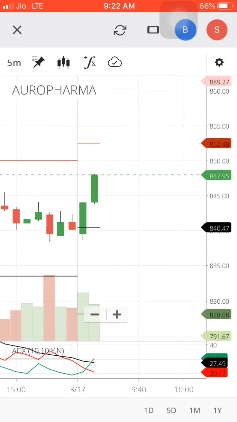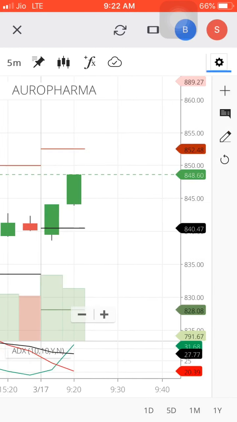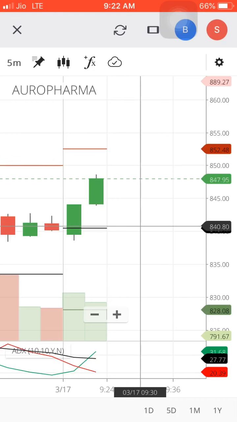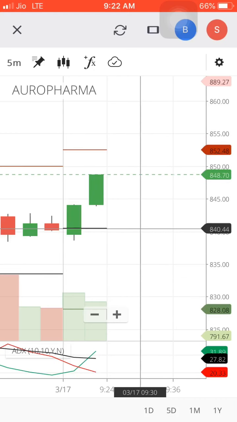We can see 2 big green candles, and what we want to see there is the red one, not the green. So let's wait.